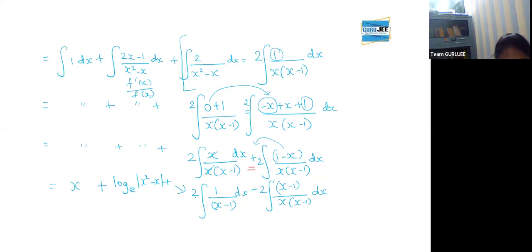Now coming to third term, that is 2 integrand 1 by x minus 1 dx, which can be written as x minus 1 to the power minus 1.